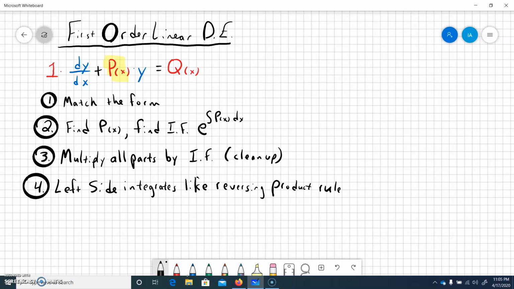So while there's an addition, so there's two things on the left, normally you would think of that as a sum difference rule and try and integrate them separately. But what we'll see is the combination of those two things together really reverses a product rule. So u times v prime plus v times u prime. We will integrate the right hand side.